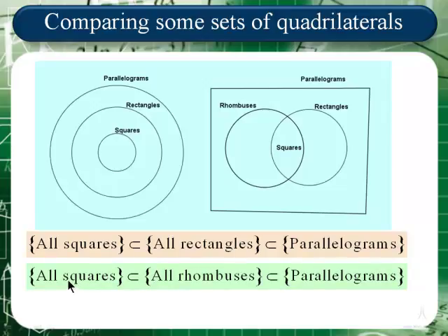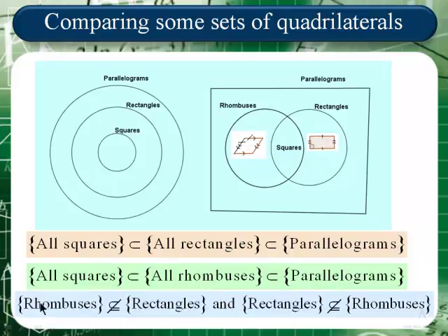Furthermore, if we look at this sketch, all squares are always rhombuses, all squares are always parallelograms, and all rhombuses are always parallelograms. A rhombus is not always a rectangle, and a rectangle is not always a rhombus. That should be pretty clear.